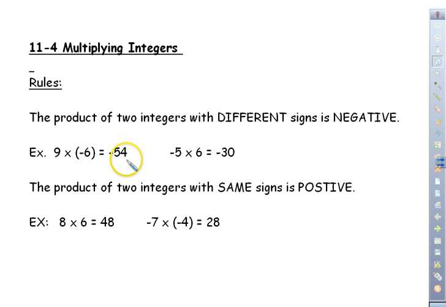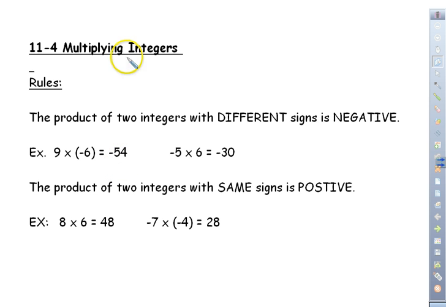Again, different signs. Now, the difference between adding and subtracting is that you weren't always adding or subtracting even if it said so. For example, if it said that you're going to take 9 plus negative 6, you weren't actually adding. You were actually subtracting the two numbers.